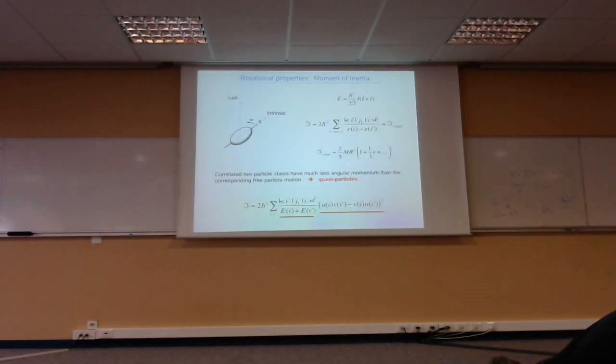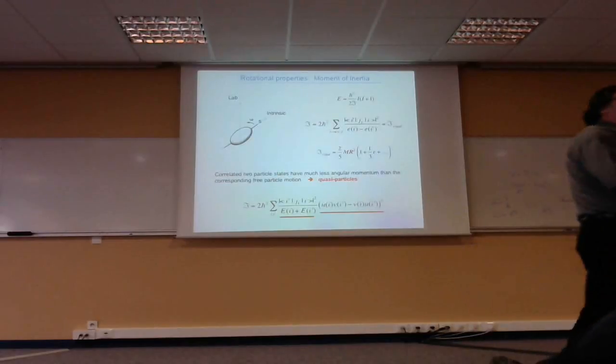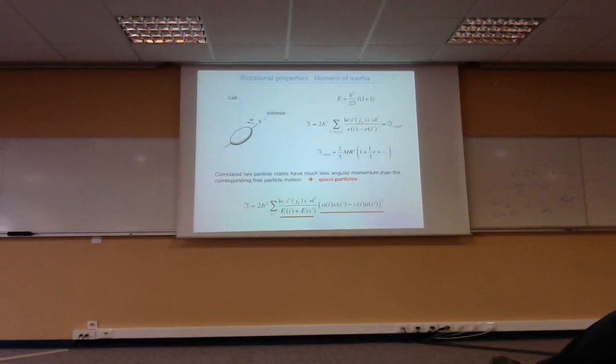And lo and behold, now you do this expression, but now what do you use instead of single particle here? Yeah, we introduced the quasi-particles a few slides before. Now you know how to work that. You use the quasi-particle formalism, and you write the Inglis equation, and then you come up here with two things.